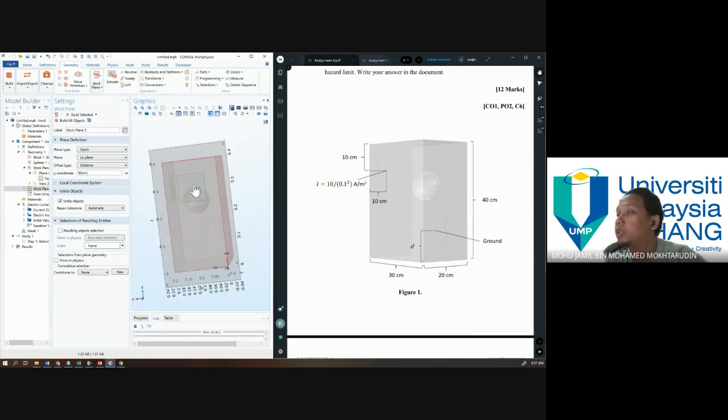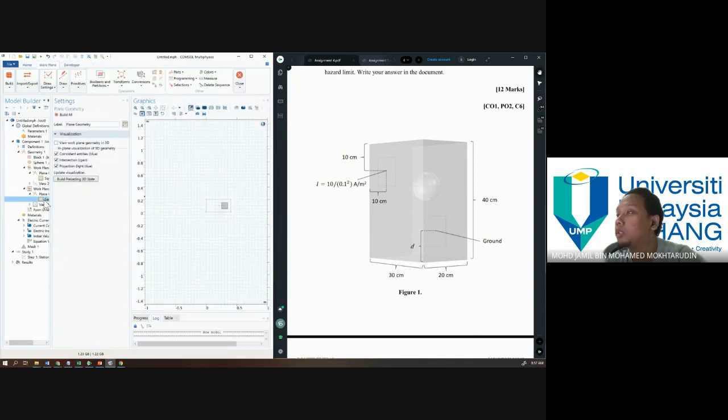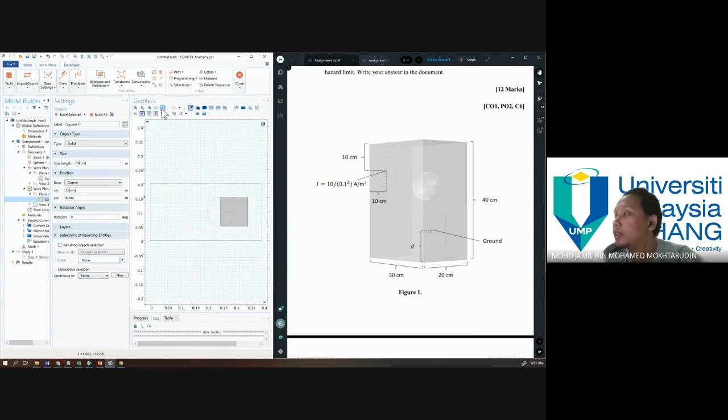So we have the electrode here already. So let's go to the electrode. So by default, it's here. So we need to change the Y. And then the height is D. So we just put D here. Okay, so by default, it's 10 cm. But this is measured until the center.